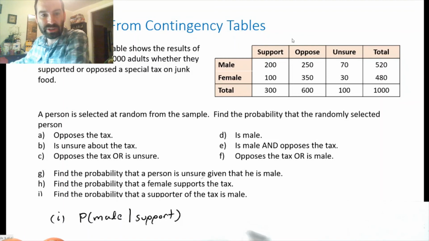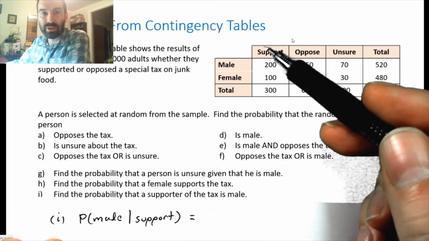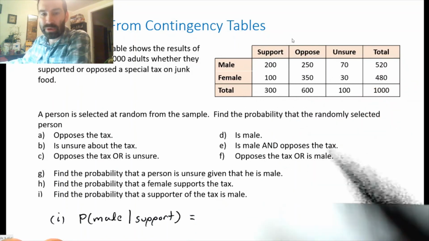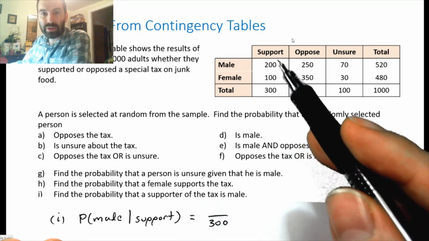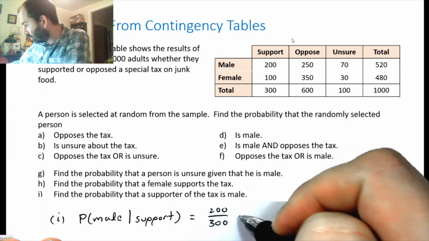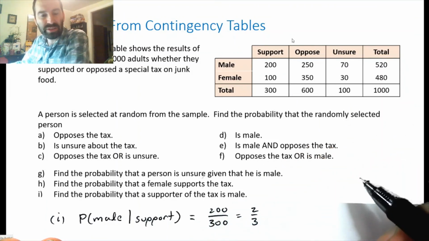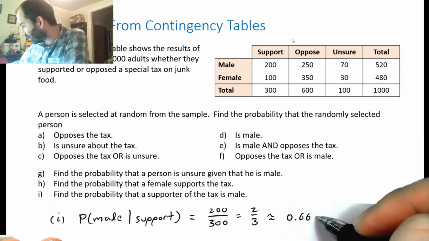Given that he supports, because we know that it's a supporter, so that's what's given, all right? So we're going to look at all the supporters, right? How many of them were there? There were 300. How many of them were male? 200. So the probability is 2/3. Might be nice to leave it as a nice fraction, but if you wanted to write it as a decimal, 0.6667.